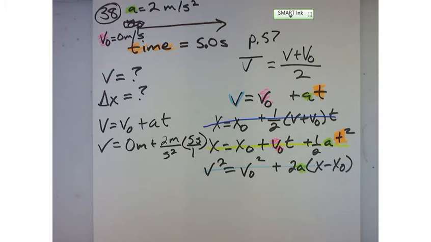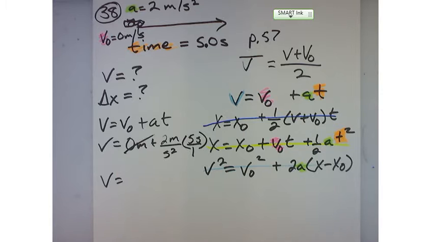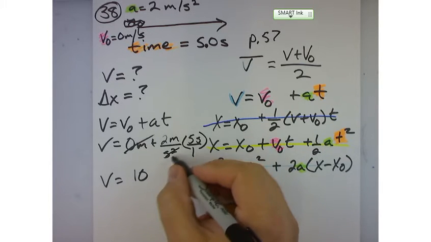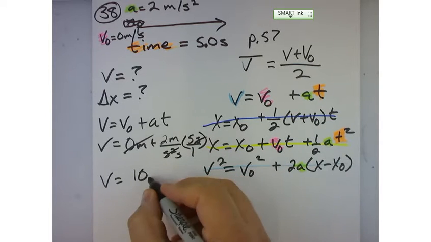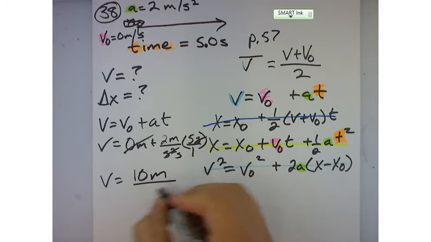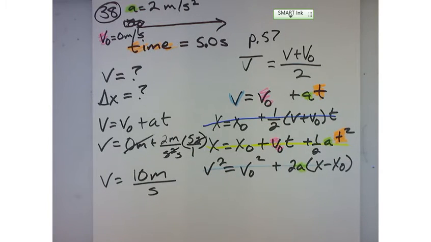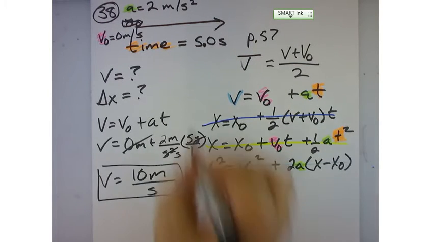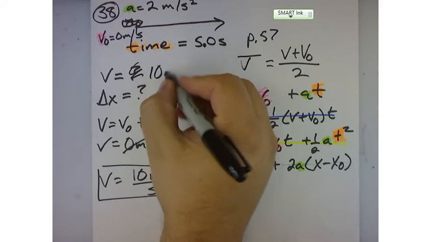So now the 0 I don't need to write down. All right, that's gone. And 2 times 5 is 10, so I have 10. Now one of these seconds cancels with this second, so I have 10 meters per second. Right? And that's what velocity is supposed to be. Wow. This is 10 meters per second.